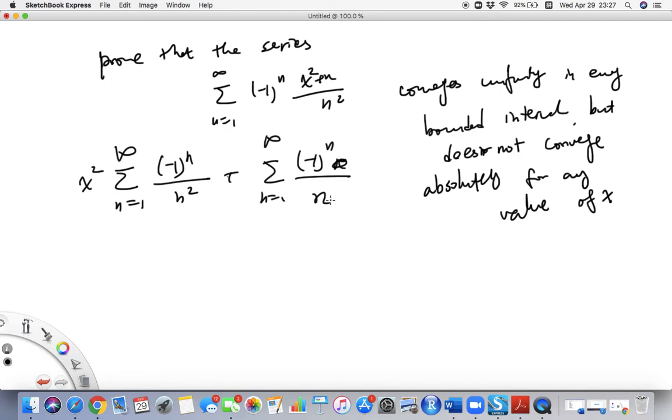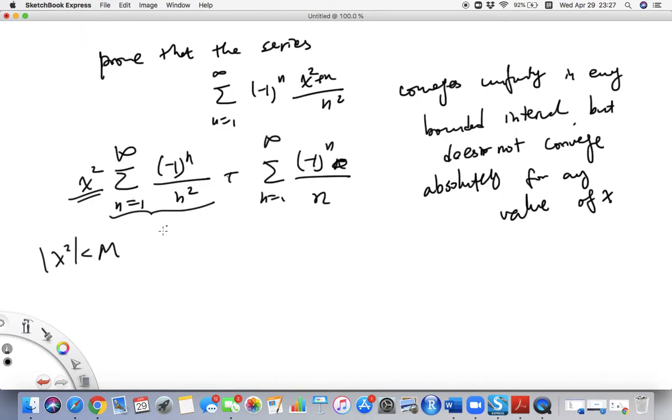Okay, so let's see. The first is convergent in every bounded interval, right? Because this is convergent, right? For any fixed x, this is bounded by some number M, right?